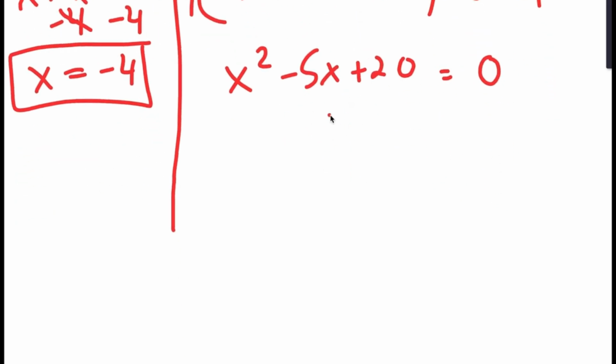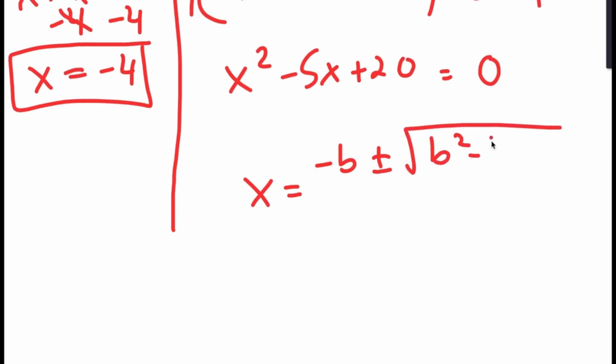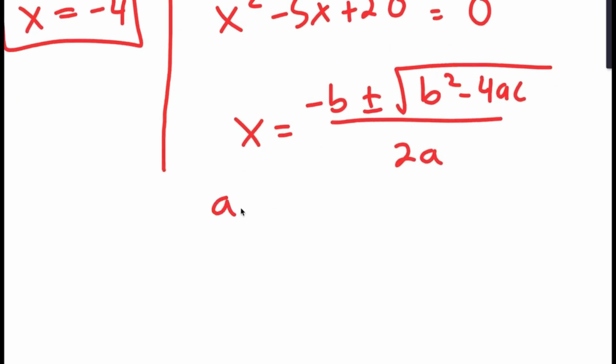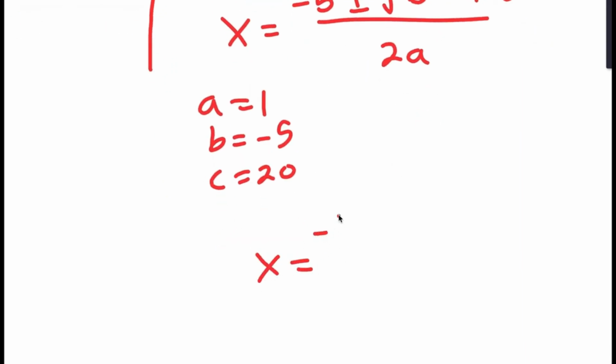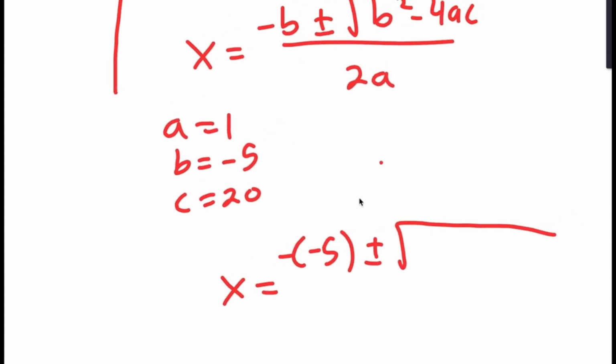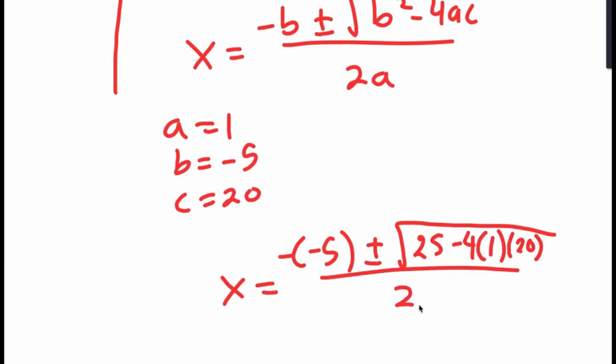And now, to solve this, I'm going to use the quadratic formula, which is negative b plus or minus the square root of b squared minus 4ac, all over 2a. In this case, a is 1, b is negative 5, and c is 20. So I get x is equal to negative of negative 5 plus or minus the square root of b squared, which is negative 5 squared, which is 25, minus 4 times a, which is 1, times c, which is 20, all over 2a, so 2 times 1.